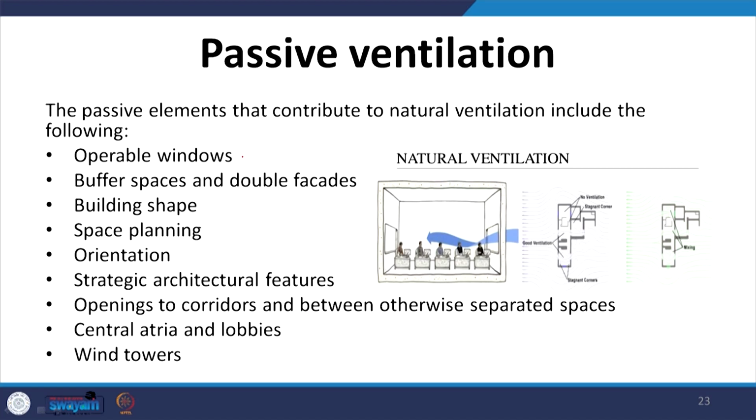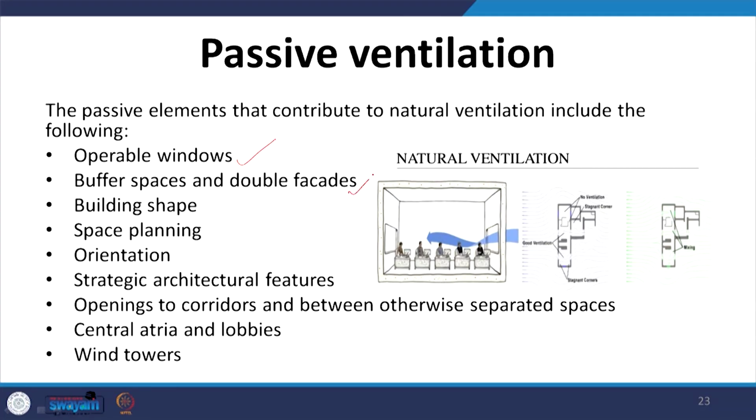Here we are talking about the operable windows, which is becoming more and more scarce, rare in case of air conditioned and commercial buildings. We do not have operable windows, while we must have operable windows in order to facilitate passive ventilation. Again, buffer spaces and double facades, the shape of the building in order to divert wind inside the building, vegetation, spatial planning and orientation, all in order to divert wind into the building, forced ventilation.